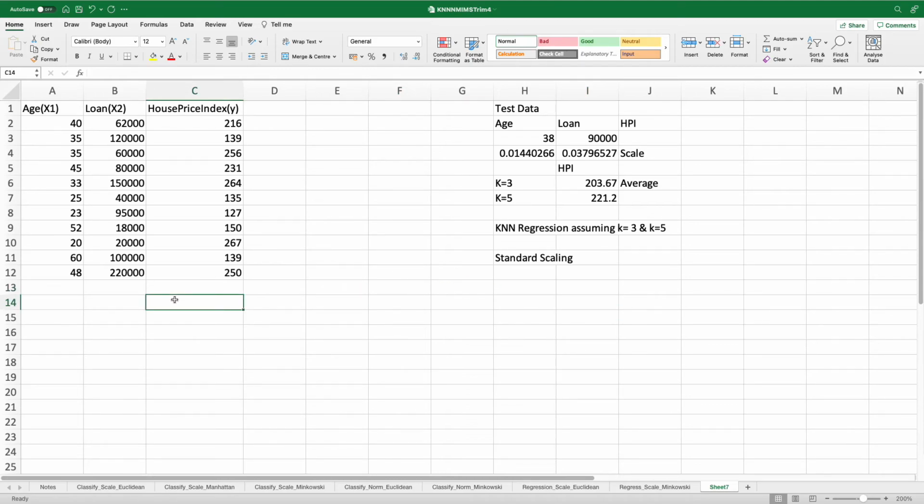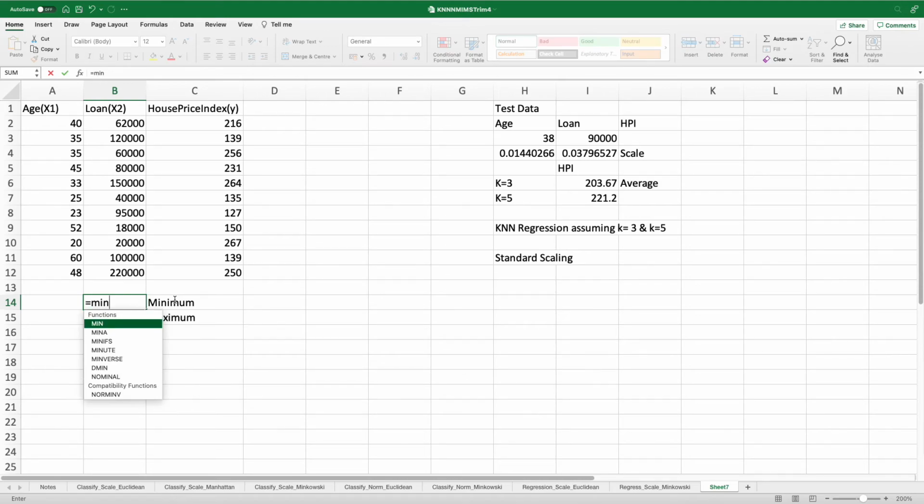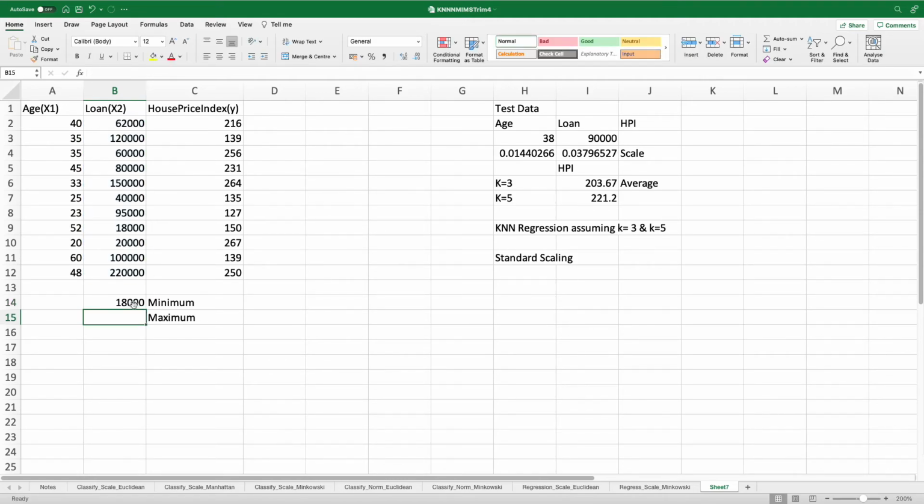Okay. So the minimum and the maximum. You have to find the min and the max: is equal to min of these values, and you drag the formula to the left side, is equal to max of the values and drag it down to the left side. Control S, save it. And then you calculate the norm.